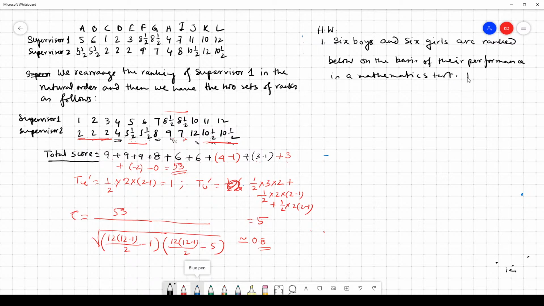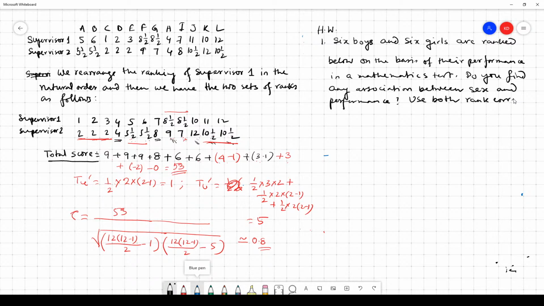Do you find any association between sex and performance? Use both rank correlation formulas, that means Kendall-Tau and Spearman.